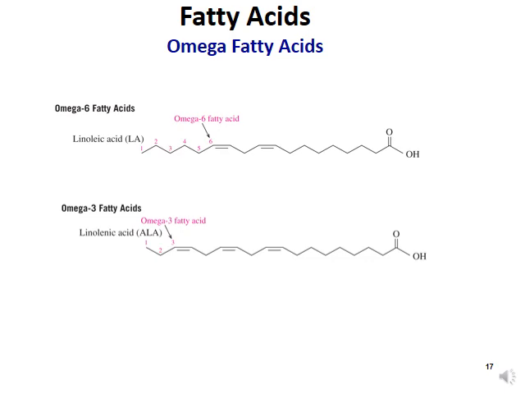This is another example of how it looks all the way out. Linoleic acid, sixth carbon is where the first double bond comes, so we call that an omega-6 fatty acid. And linolenic, that's an omega-3 fatty acid.